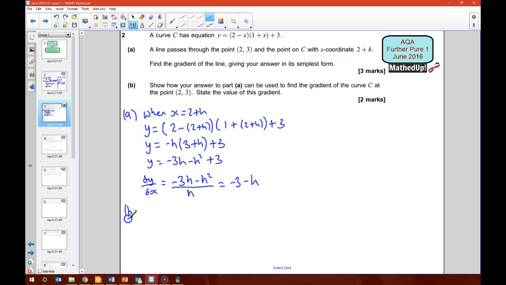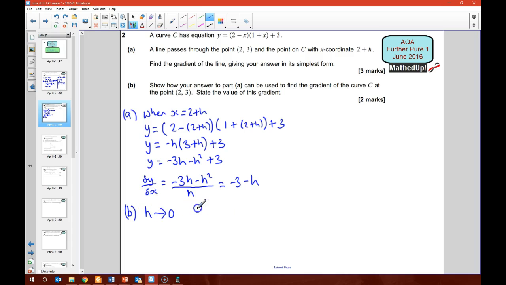Part B says, show how the answer to part A can be used to find the gradient of the curve C at point (2, 3), and then we want to state the value of this gradient. So at this particular point (2, 3), I want my value of h to be approaching 0.